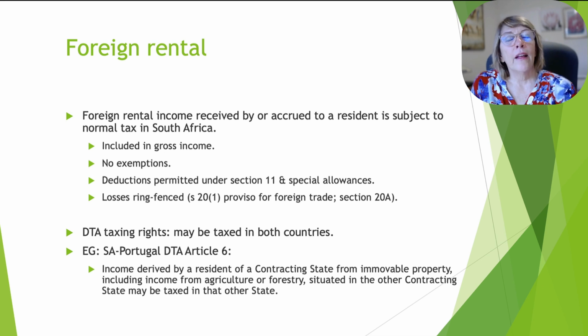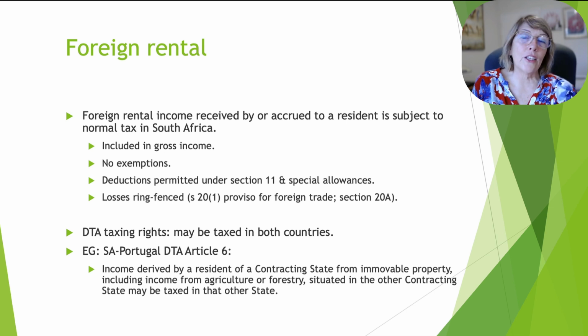But here, this loss has arisen from a trade carried on outside South Africa. And so you can't set that off against other taxable income in South Africa. It gets ring-fenced. And then there's also Section 20A, which is a ring-fencing provision that applies to individuals who are in the maximum marginal tax bracket. So that foreign rental, if you're making a profit on the rental, then that would be taxed in South Africa.